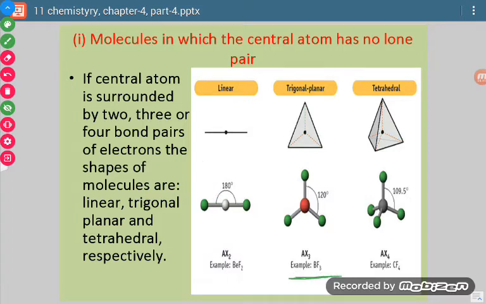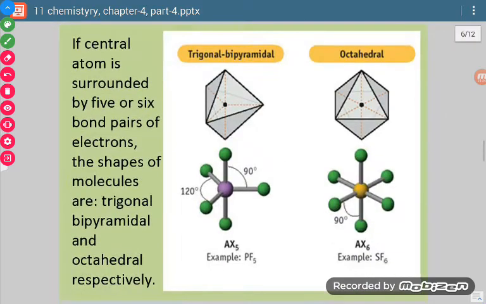Similarly for BF3, there are 3 electrons around boron, so 3 fluorine atoms will be attached in this manner. Similarly for CF4, there are 4 electrons around carbon and 4 F atoms will attach themselves with carbon, and there will be formation of tetrahedral geometry.